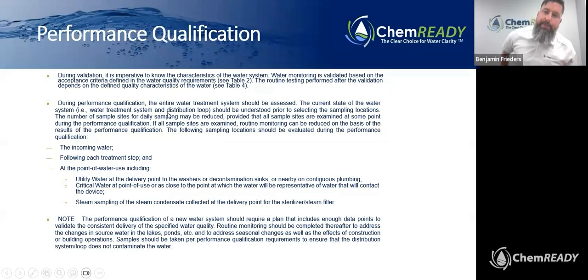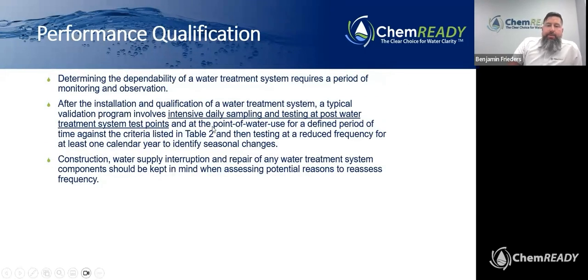The requirements for the performance qualification, as I mentioned before, to be 100% compliant: a typical validation program involves intensive daily sampling and testing at post-water treatment system test points and at point of water use for a defined period of time against the criteria listed in Table 2, and then testing at a reduced frequency for at least one calendar year to identify seasonal changes. So, as you might notice, it is very ambiguous and not hard and fast.